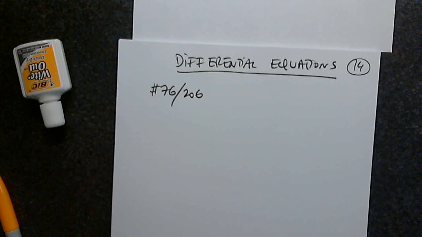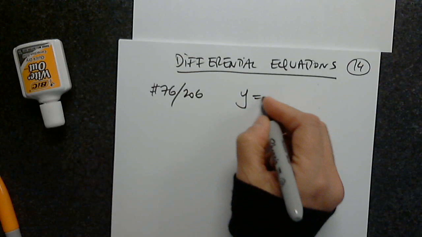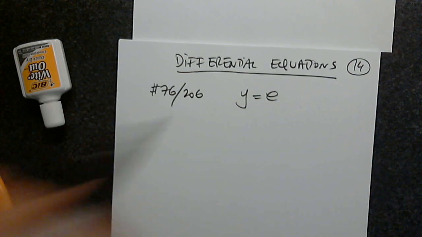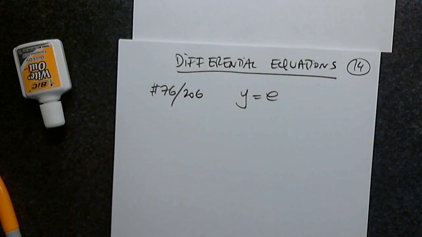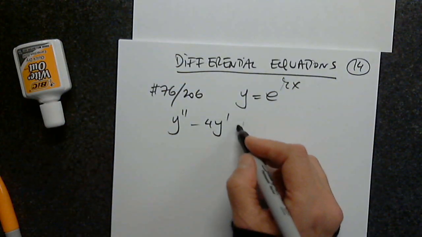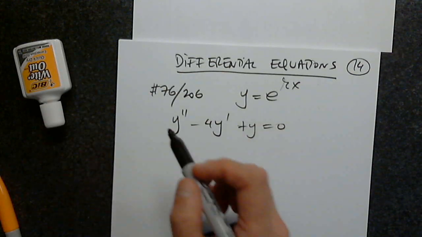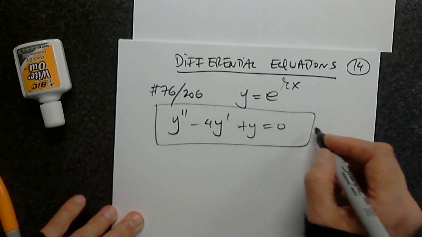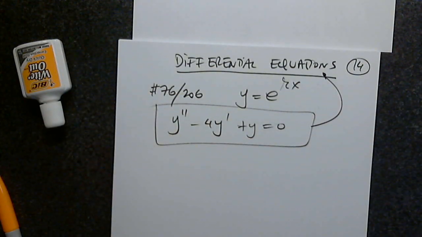For what values of r does the following function, y equals e to the rx, satisfy the differential equation, the second derivative of y minus 4 times the first derivative of y plus y equals 0? It's a differential equation.